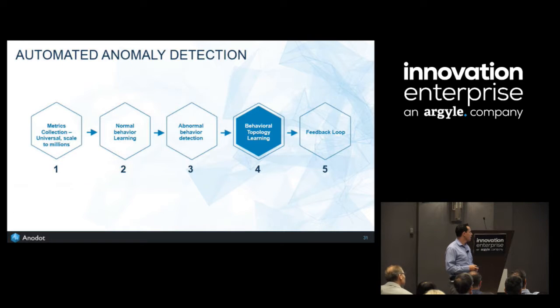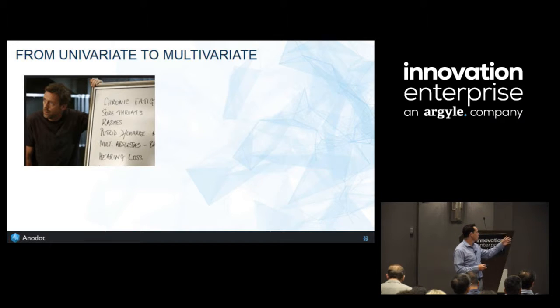The next step is behavioral topology learning, and this is a very important step. Before I talk about what it means, I will go to this guy, Dr. House, which I guess you all know. The show is about some crazy doctor, and every episode someone comes to the hospital with a lot of different symptoms, and then this guy sits with his team and starts to write all the symptoms on the board, trying to understand what is actually happening and what the disease is.